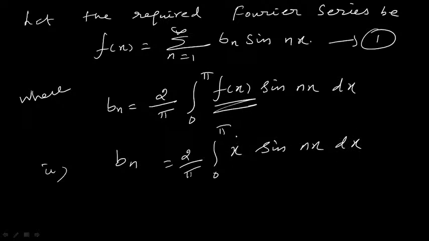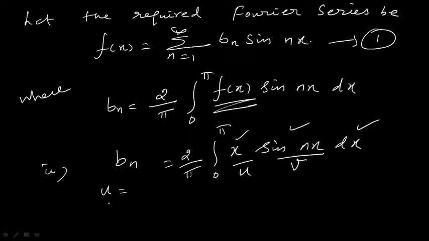So both x and sin nx are functions of x. So we make use of Bernoulli's formula, you know already. You have to take the first function as u and the second one as v. Then you have to calculate u dash, separately. If you are well versed in the formula, you will go ahead with the formula derivation.